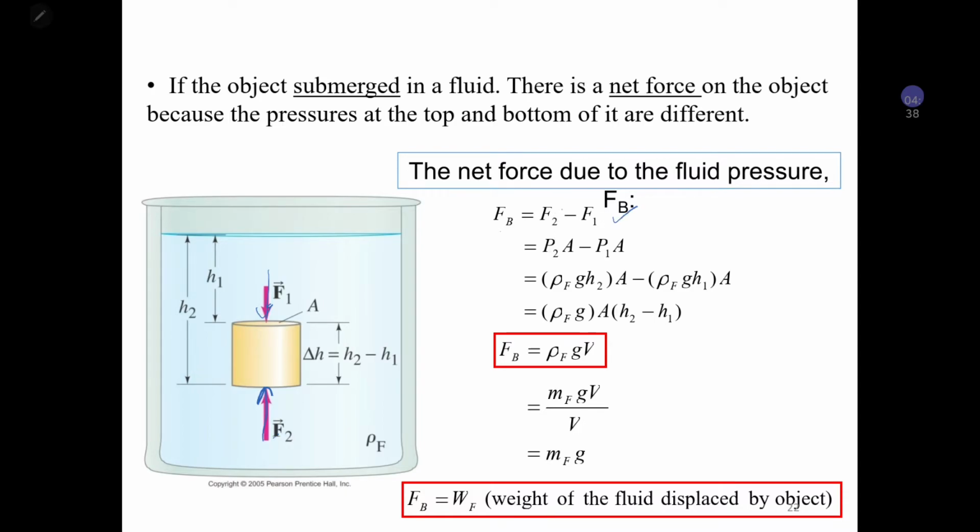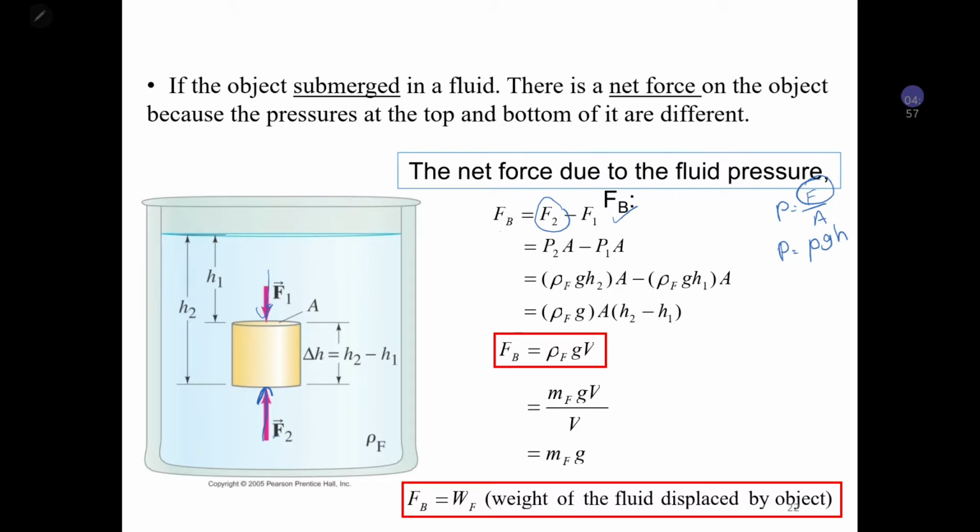Okay, so kita tahu pressure adalah sama dengan F divided by A. So force akan jadi PA. Okay, P2A minus P1A. And then pressure dekat fluid juga kita boleh kaitkan dengan rho g h.